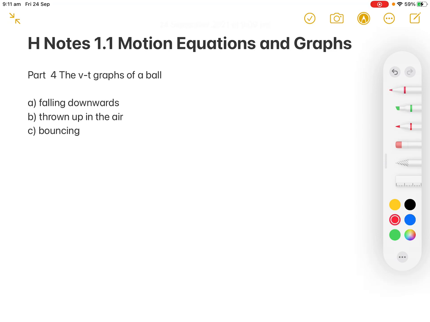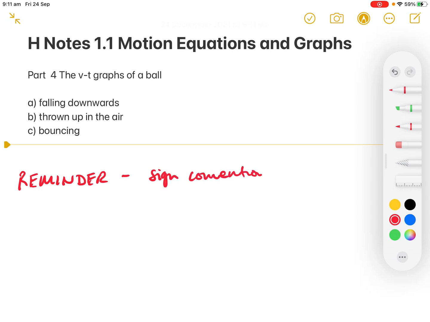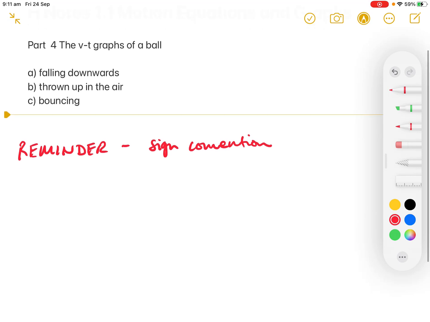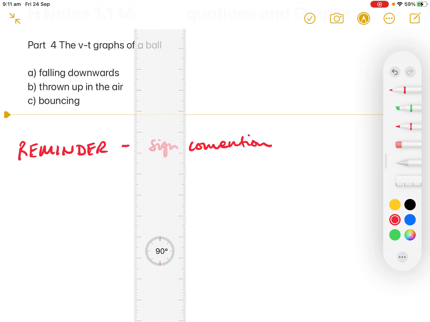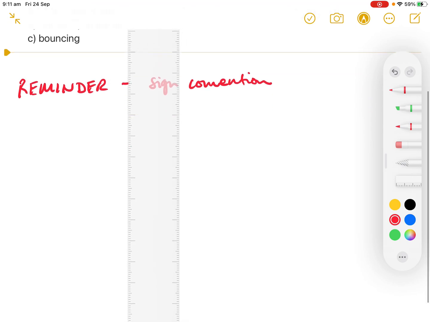So a reminder of the sign convention. Very important in this context. We will be using this throughout.